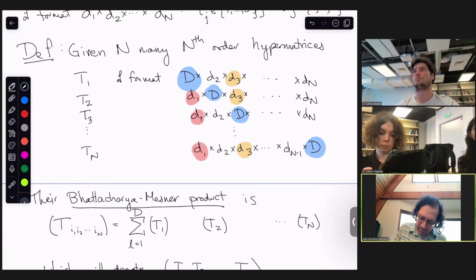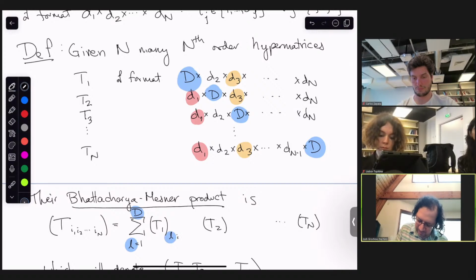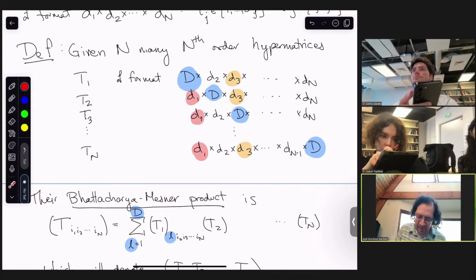From T1 we're going to sum over this first index. L here is the index we're summing over. Then it will have whatever these other indices are, and notice these indices are the indices of the output.